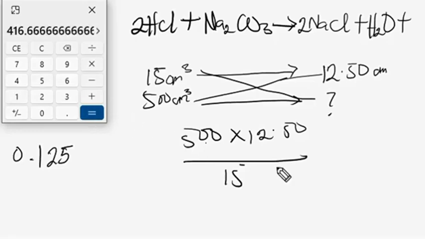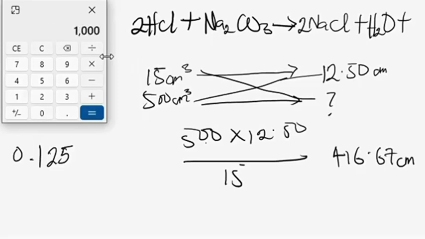That will give us 416.67 cm cube. Now to convert it to dm cube, we are going to divide by 1000. That's 0.417.